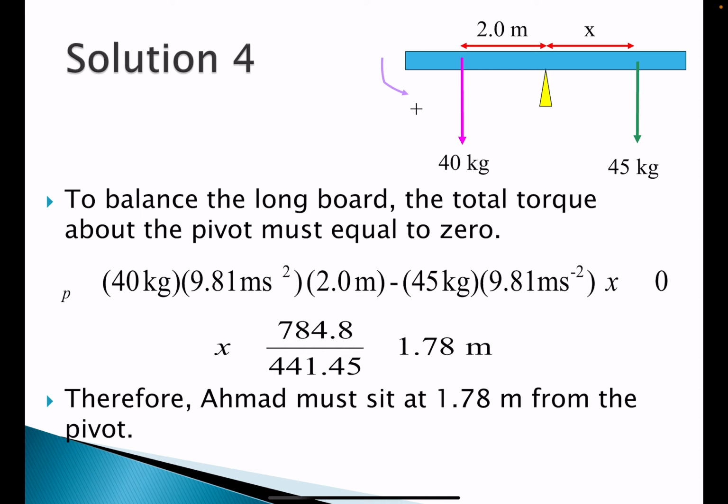Alright, so to balance the long board, the total torque about the pivot must equal 0.